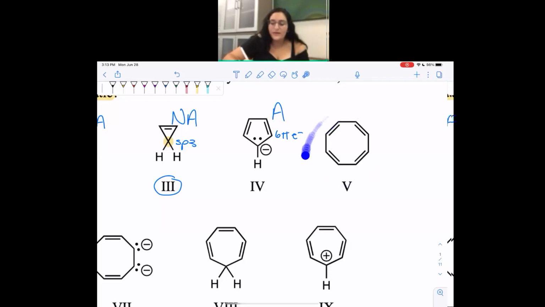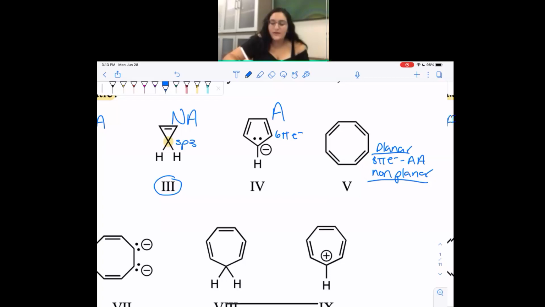All right, so this next one can be kind of tricky because it's an 8-membered ring, which means it might not be planar. So if it remains planar, it has 2, 4, 6, 8 pi electrons, so it would be anti-aromatic.